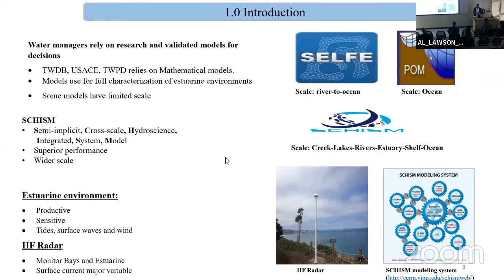So scientists leverage that in order to monitor what is happening at the surface. And when we monitor the estuarine environment, we usually use high-frequency radar, among other instruments. And when we do that, the parameter of interest is usually the surface current, as I mentioned initially.